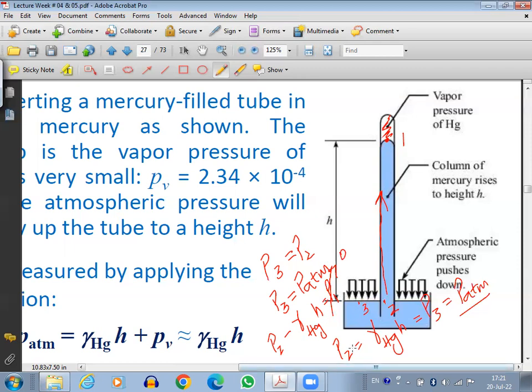So P2 becomes this, which is the same as P3, which is the same as P atmosphere. Practically, when it is done, it turns out that the height of the mercury column is about 760 millimeter Hg. If I put 760 millimeter here and put the value of gamma, I will get the atmospheric pressure, which is absolute.